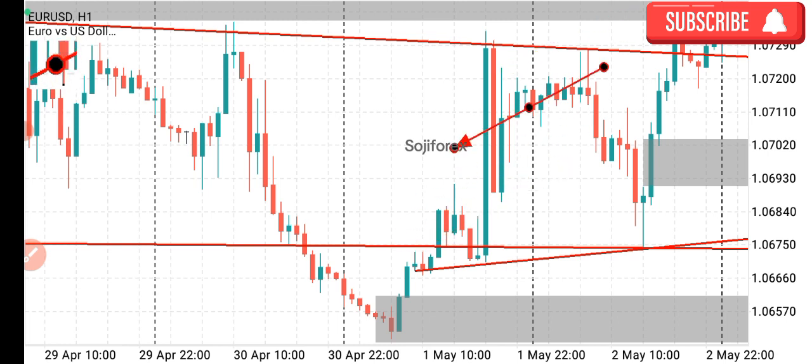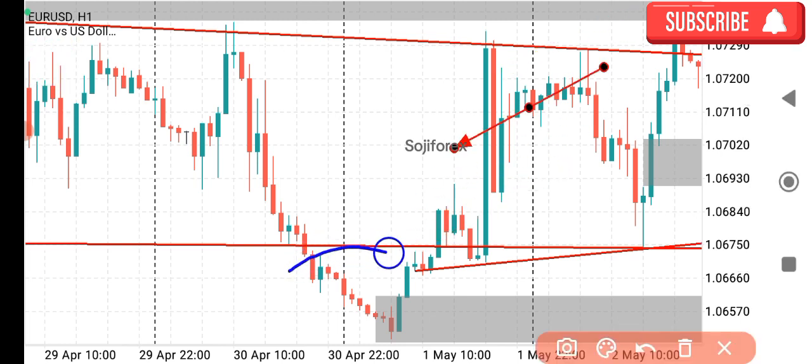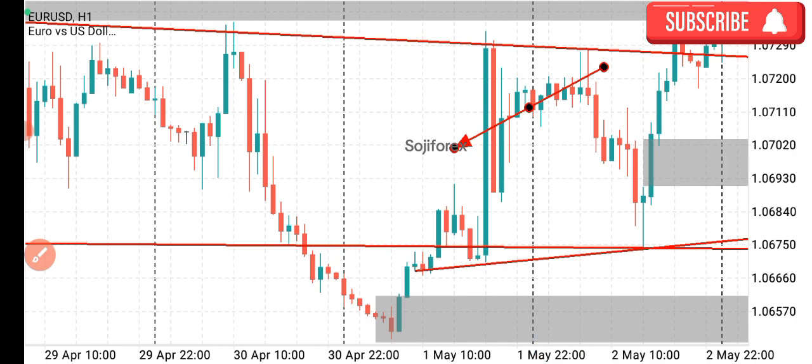So this scenario that happened is a fake out. It's just an attempt to take the buyers out of the market and then continue in that direction. Then price came back to this level; after it broke in, it retested and then went back.